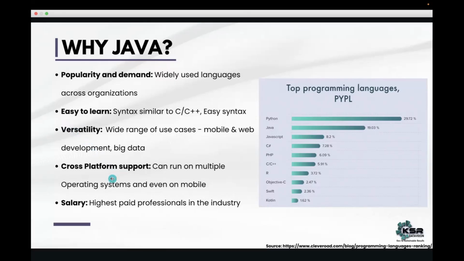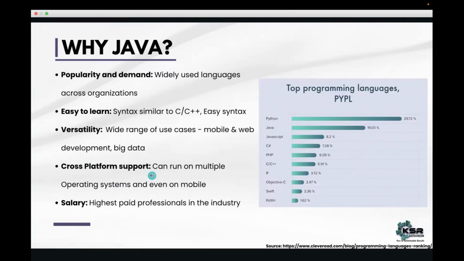Next is cross-platform support. That's what we have seen, right? You can write anywhere and run anywhere. We'll see this in detail tomorrow, but you can run on multiple operating systems, even on mobile.